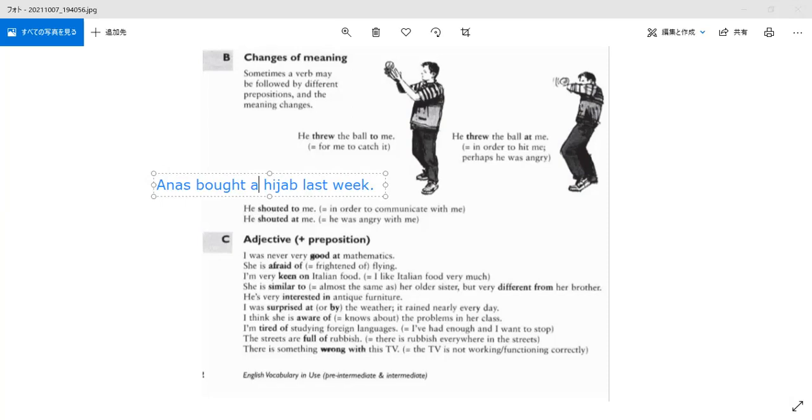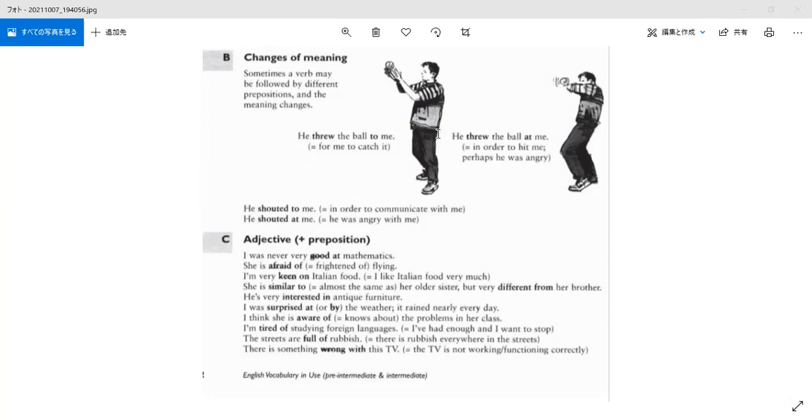Inti kalimatnya tetap beli jilbab minggu kemarin, right? It's just adding, kalau misalnya bought a blue hijab last week, jadinya belinya spesifiknya biru loh. It's not going to really affect the sentence.